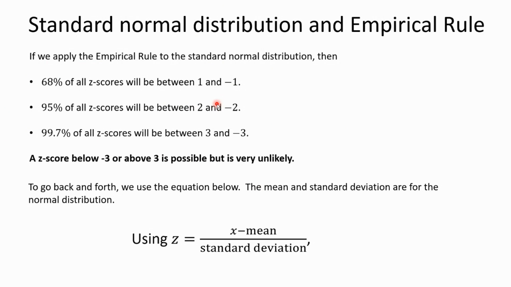In particular, if a z-score is below -3 or bigger than 3, it's an unlikely value. I mean, it's possible, but it's really not likely to occur.